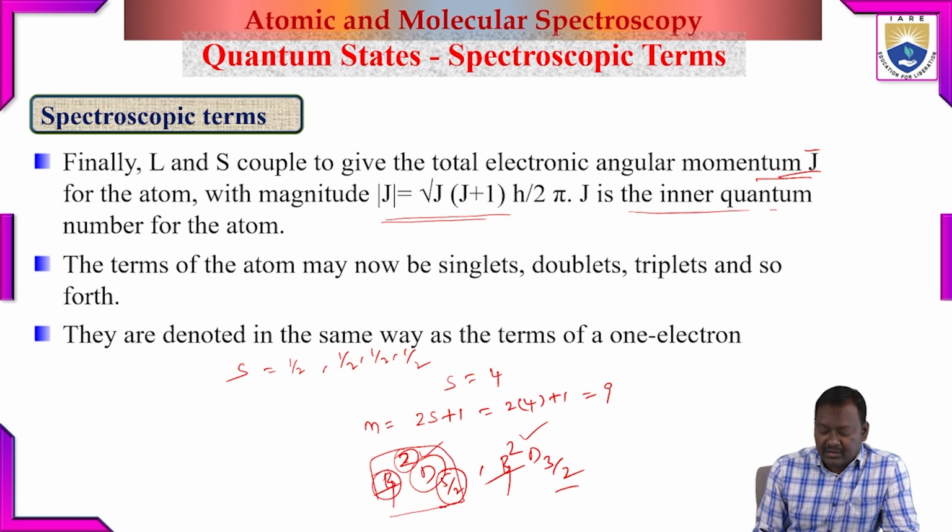So we will see the spectral term notation for multiple electron atoms in the next lecture, with some examples also, because in general here, by taking L value and S value for different individual electrons, we need to add up to find the total spin angular momentum and total orbital angular momentum, and then we need to add up individual j values also, and then the total j value, the total angular momentum quantum number.